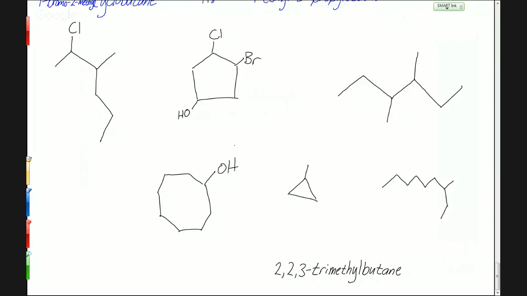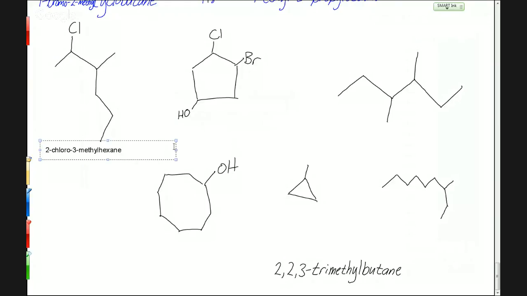So let's look at some of these names. What do you get for the first one? It's like 2 chloro, 3 propyl. Close. I would go with 2-chloro, 3-methyl hexane.